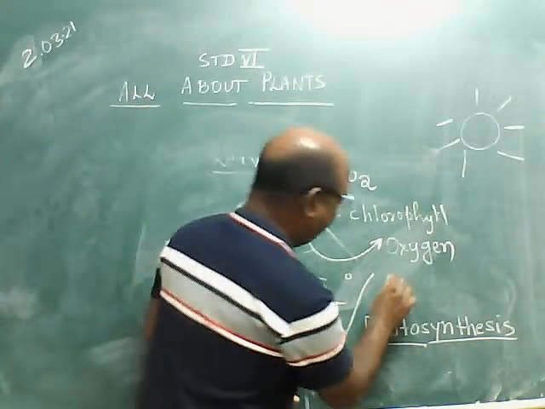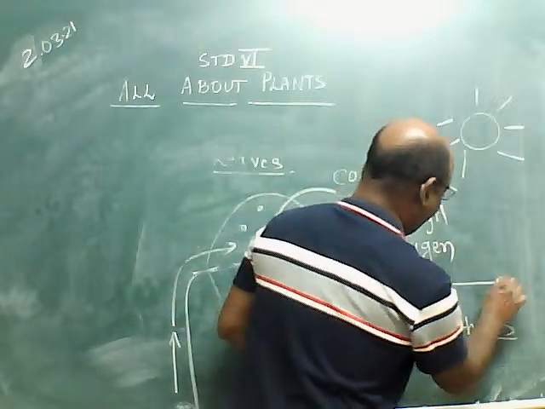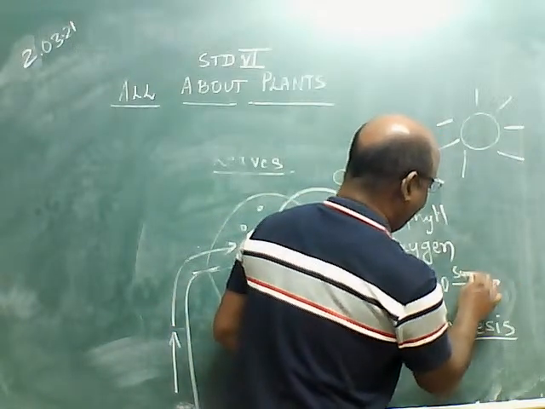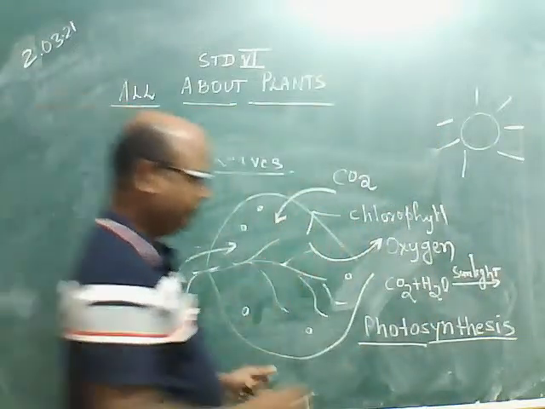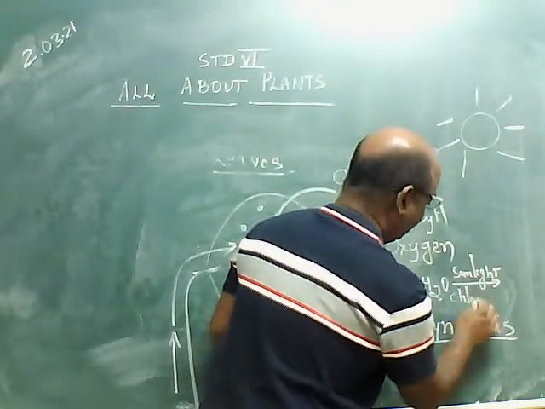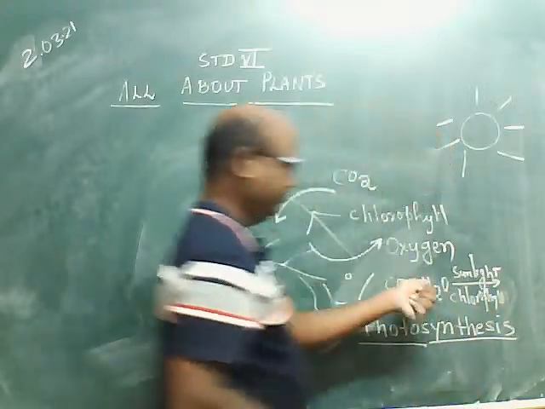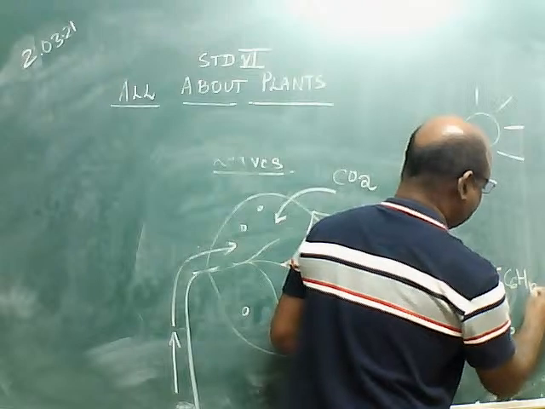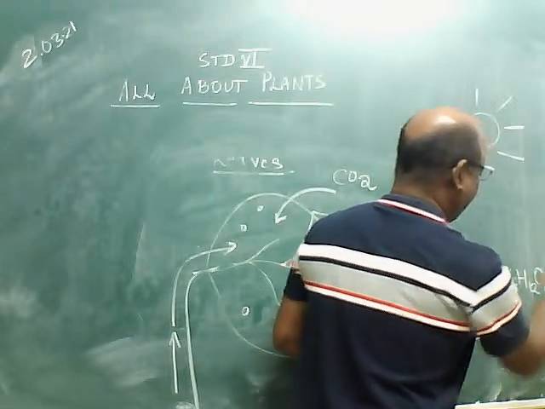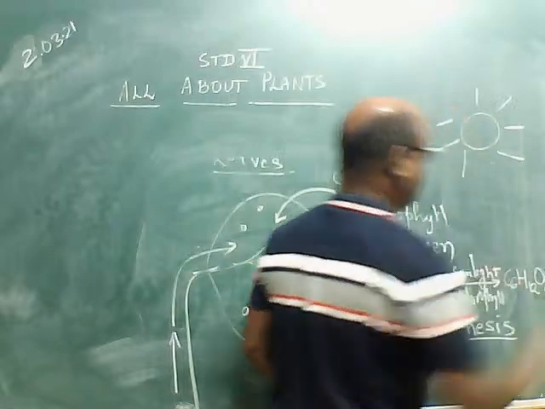Carbon dioxide and water, in the presence of sunlight trapped by chlorophyll, prepare C6H12O6, glucose, that is food, and oxygen is given out.